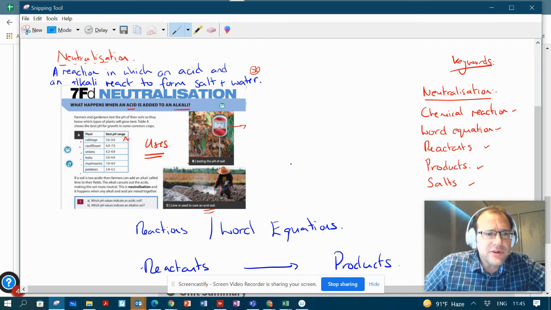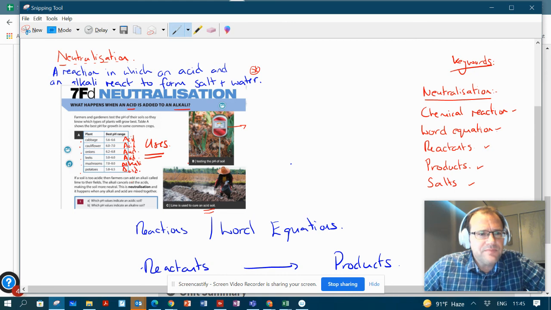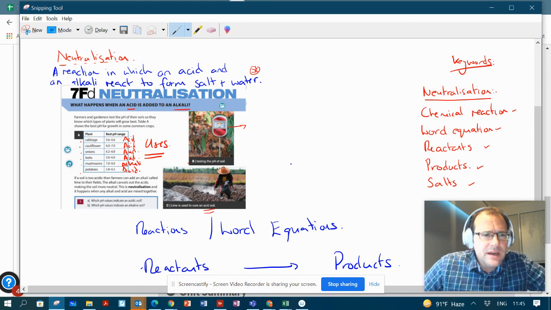Yep, this one prefers slightly acidic, acidic, acidic, slightly acidic. This one prefers slightly alkaline, and this one acidic.